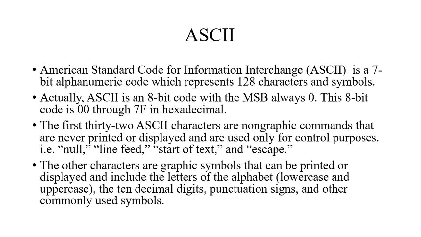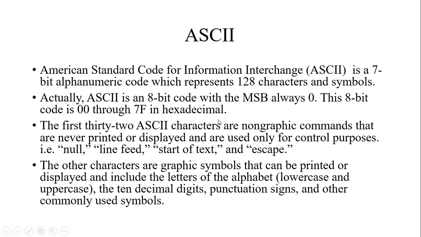One is standard ASCII and the other is extended ASCII. Standard ASCII is a 7-bit code which represents 128 characters. Actually, standard ASCII is an 8-bit code with the MSB always 0. The code is 00 through 7F in hexadecimal.